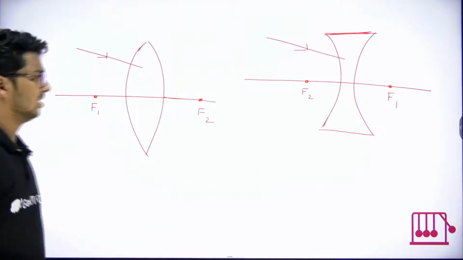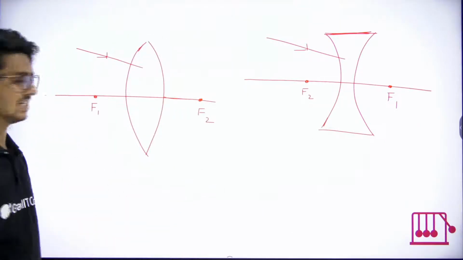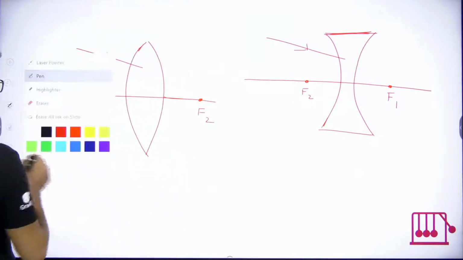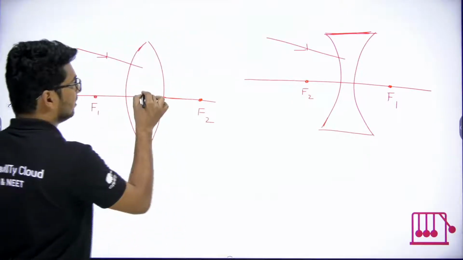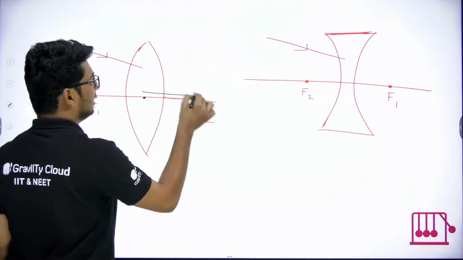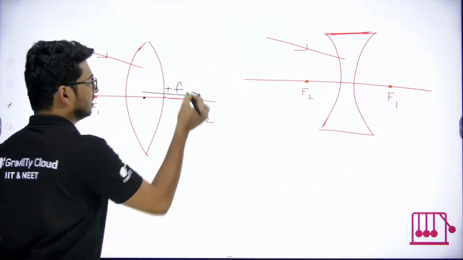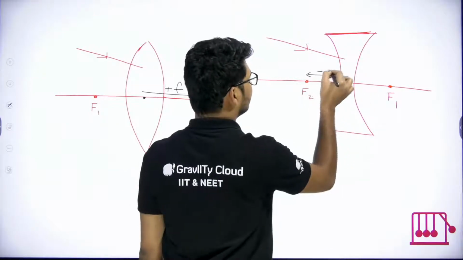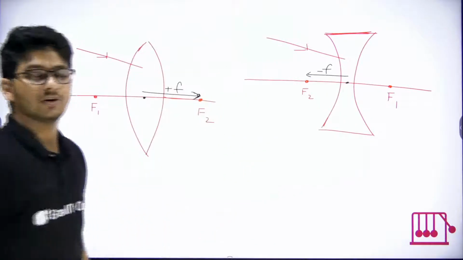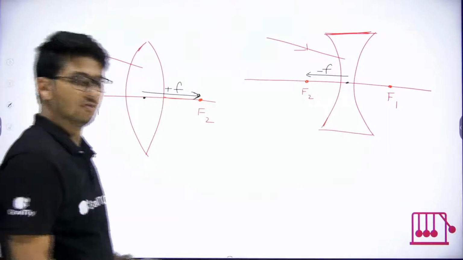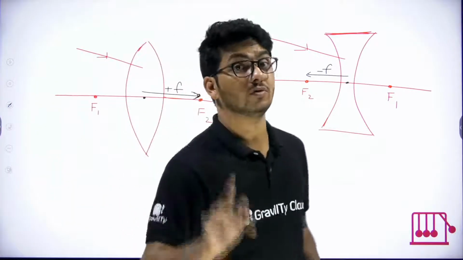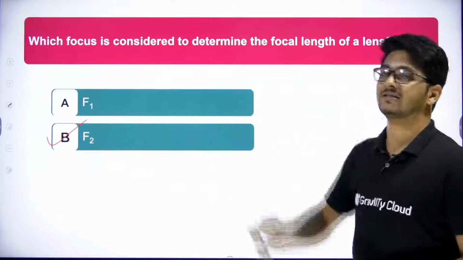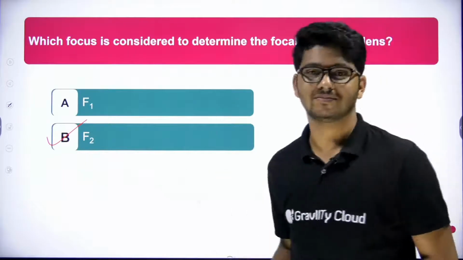This is just extra information as far as the question is concerned. But which focus do we consider for focal length? We consider F2. So here it is a positive focus. But for a concave lens, as you can see, we are going towards the left, so it is a negative focus. We consider F2, not F1, F2 only. So that is the reason why the answer is B, F2.